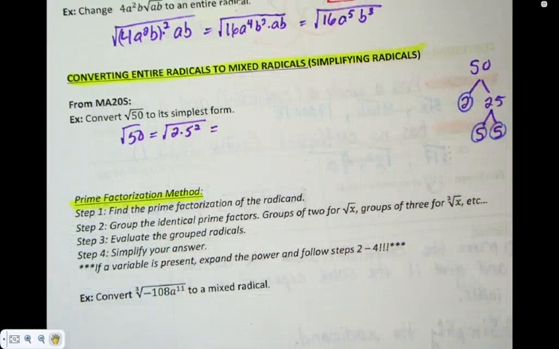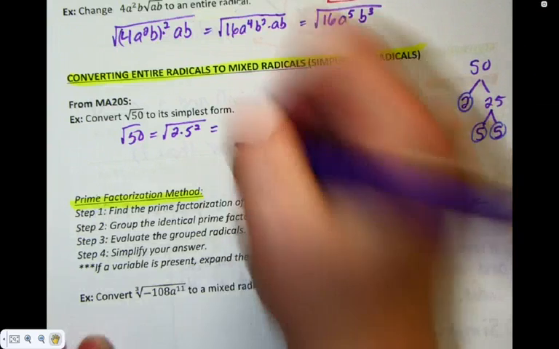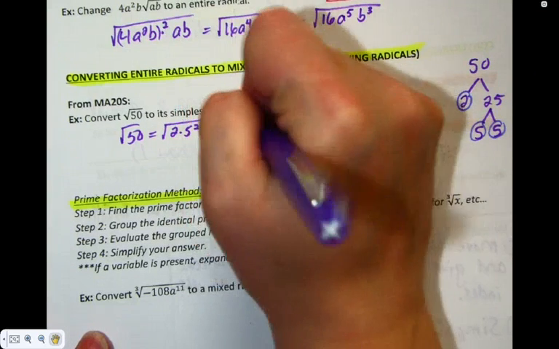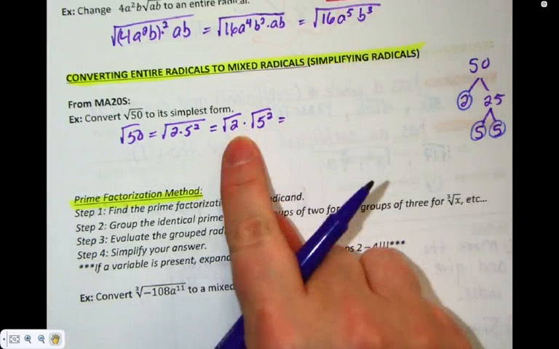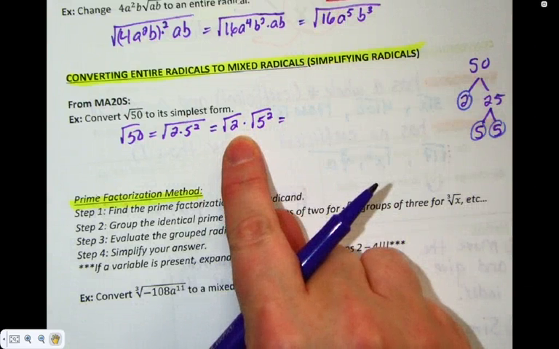Now I'm just going to split these apart. There's a law in math that says if you're multiplying in the radicand, we can break them apart. So I'm going to make this into the root of 2 times the root of 5 squared. I'm just breaking that radicand into 2 pieces. Can I evaluate the root of 2 evenly? Is it a perfect square? No, so I'm not going to touch it. I'm just going to leave it.